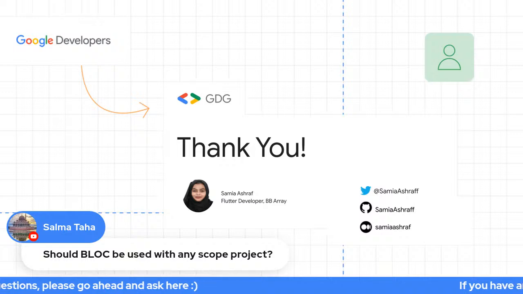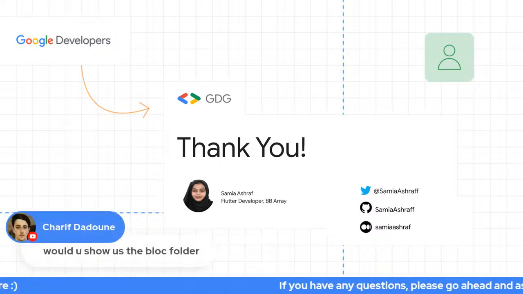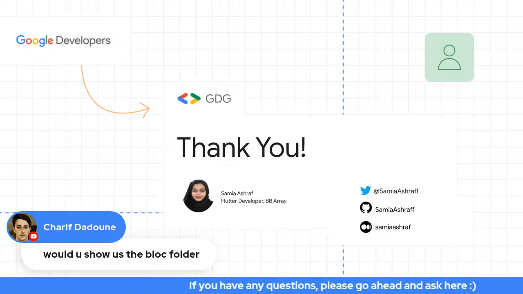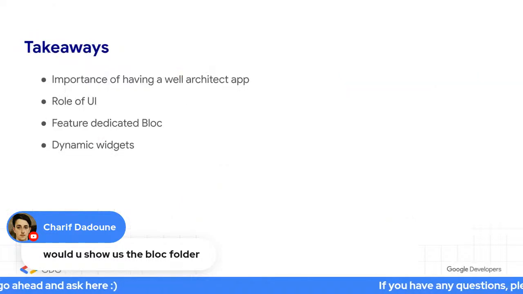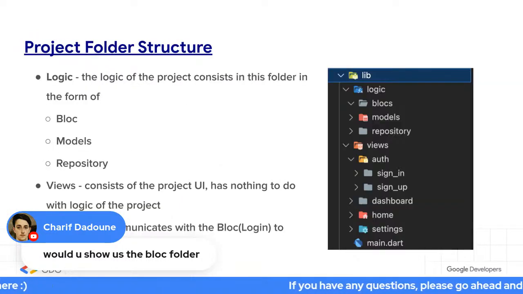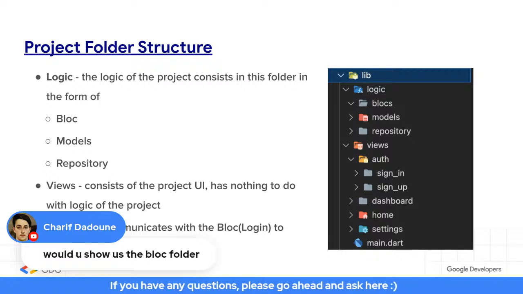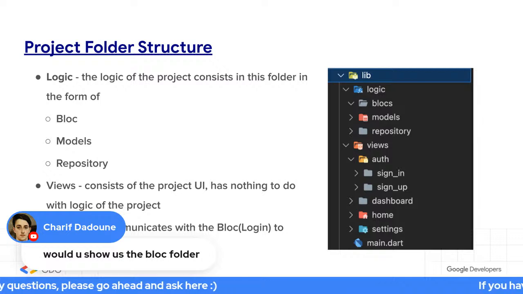So the Bloc folder. Okay, so Sharif asks if I can show the Bloc folder. I don't really have the Bloc elaborated here. But it's usually a VS Code function that I use that actually creates the bloc.